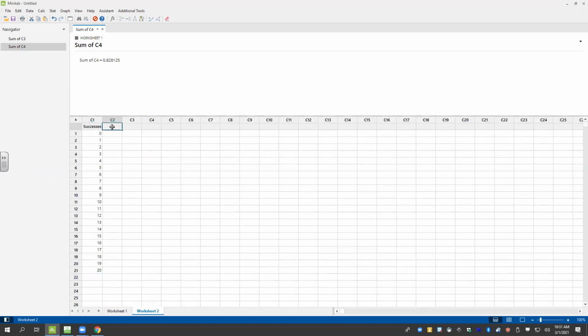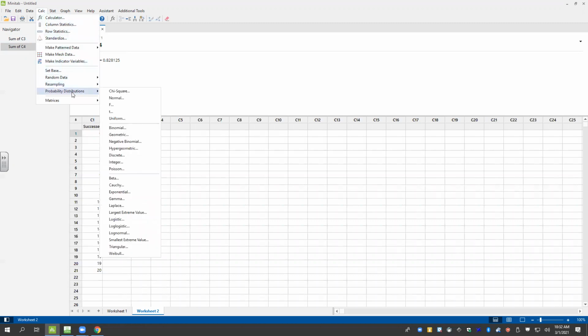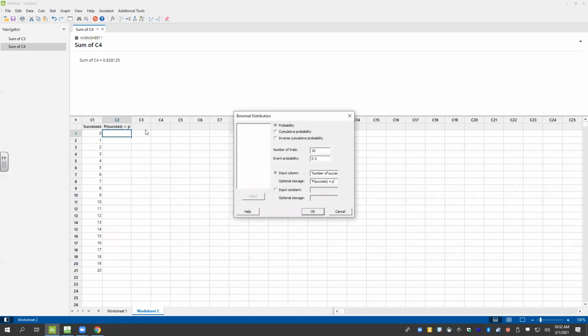And then we're going to look at the probability of success. Again, in this case, probability that they're afraid. We got to let Minitab do the work. So we're going to calculate a probability distribution that is a binomial. We want straight probability.